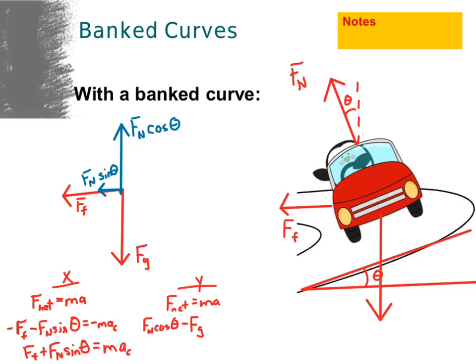And that equals mass times acceleration in the y direction, but I don't have any acceleration up or down, so I'm going to set that equal to 0. When I do that, I get Fn equals Fg divided by cosine of theta. So normal force isn't equal to gravitational force, it's equal to gravitational force divided by cosine of this angle theta.